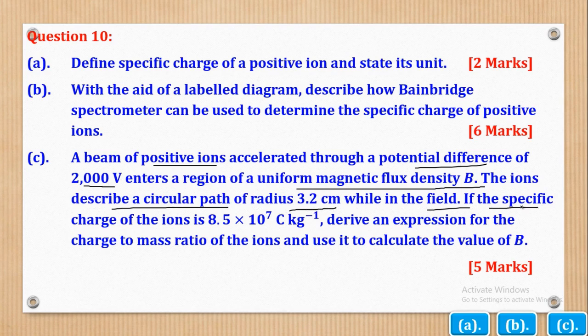If the specific charge of the ions is 8.5 × 10^7 coulomb per kilogram, derive an expression for the charge to mass ratio of the ions and use it to calculate the value of B.